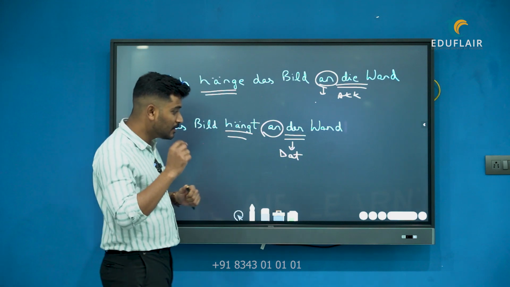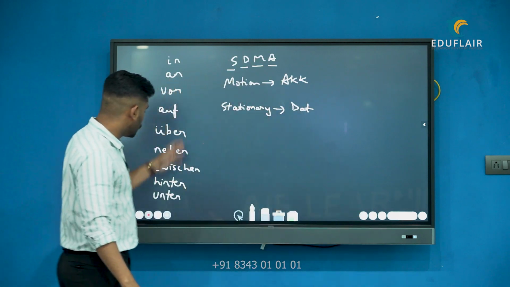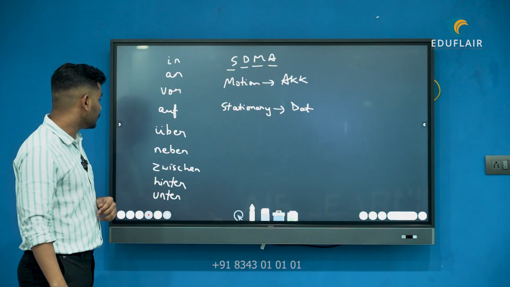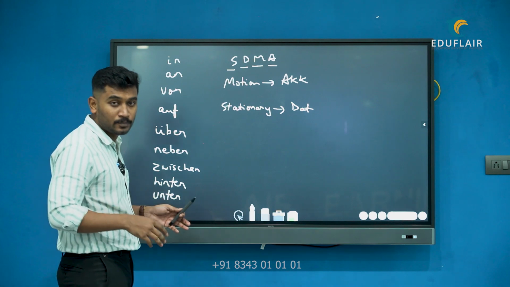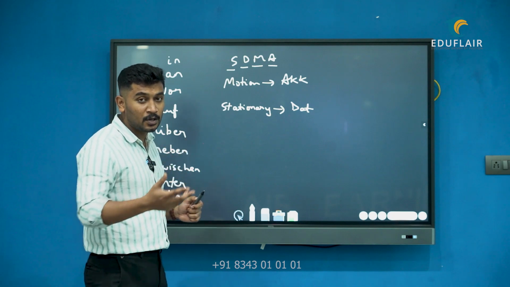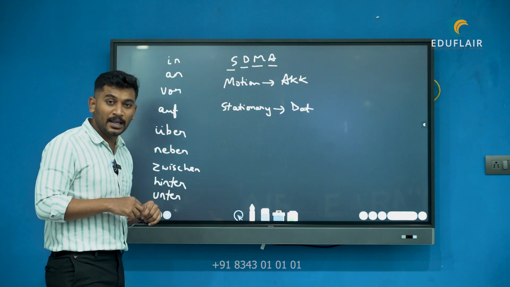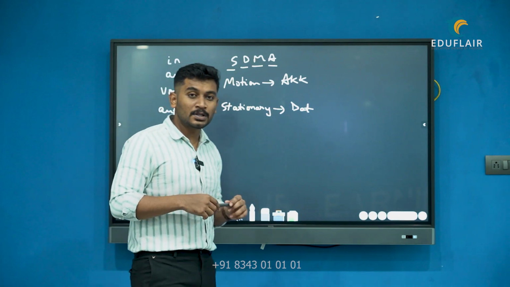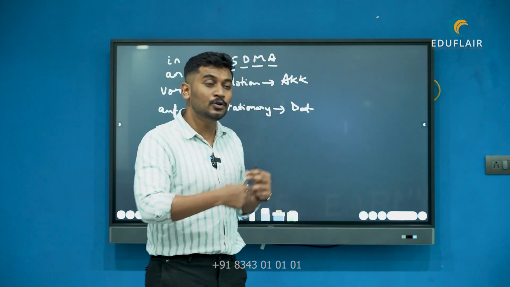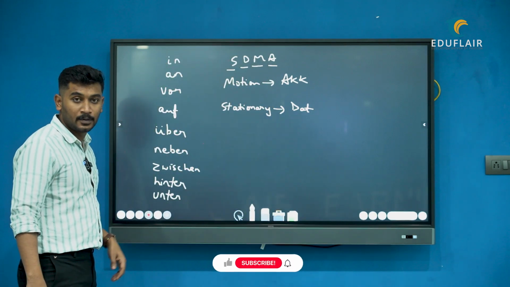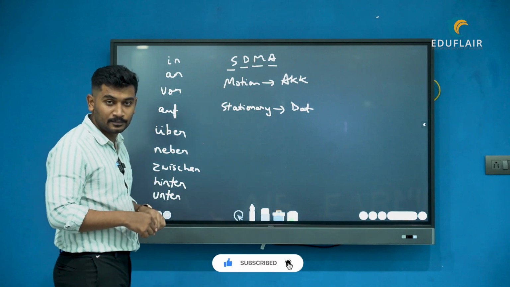Now, I'm just giving you a small tip coming back to the nine prepositions. How do we use these prepositions when we place an object, and how do we memorize them? In means in. Suppose I'm keeping something inside the cupboard or inside the fridge, I'll use the preposition in.